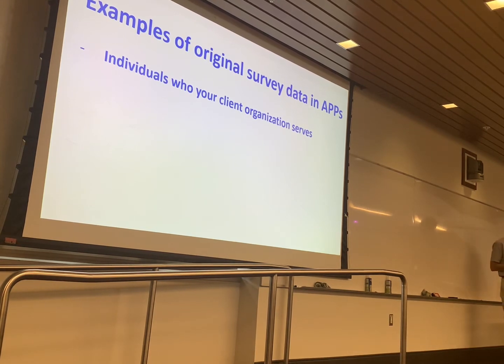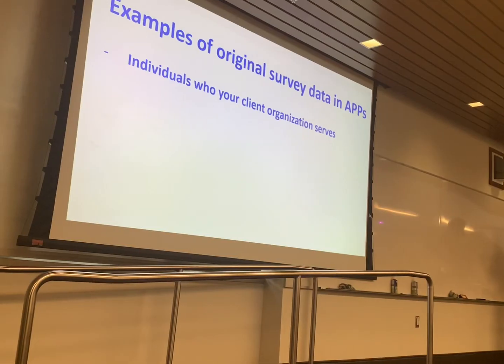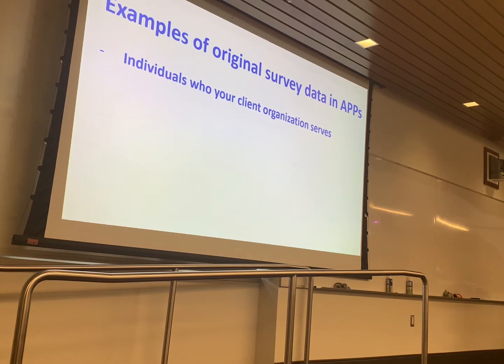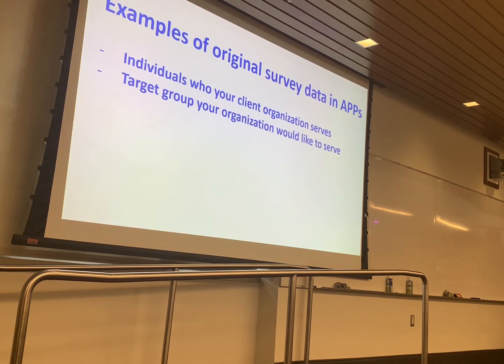If there's a set group of beneficiaries that the organization has contact information for, you could contact them that way. If it's just whoever shows up, you could go on the days that, let's say, a food bank is open, and interview or survey people who are in line for that food bank. So those would be individuals.